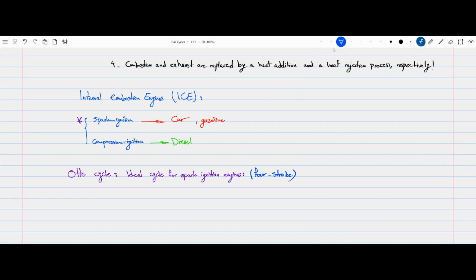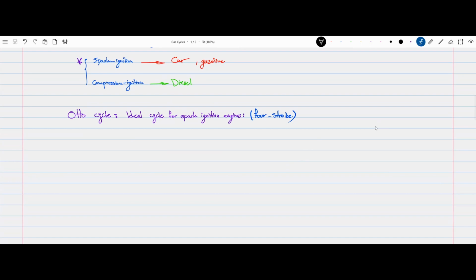Now, before we can start talking about the actual process, we need to gather a bunch of information about an internal combustion engine. Mainly, we need to gather some information on the cylinder and the piston. So, let's start. A typical piston and cylinder setup in an internal combustion engine looks roughly like this.